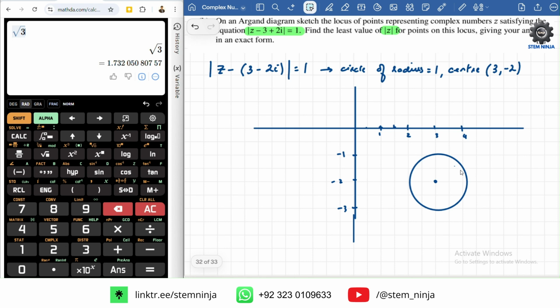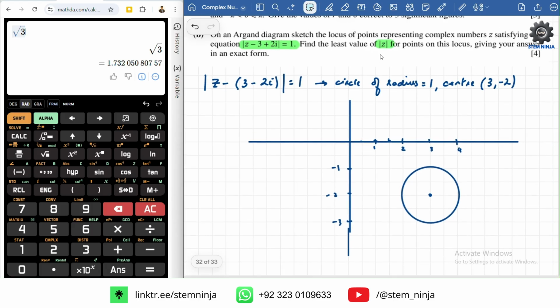Okay, so let's adjust it now. So somewhat like this, right? Now find the least value of mod z for points on this locus. The locus equals 1 means this is just a circle. There is no region associated with it.